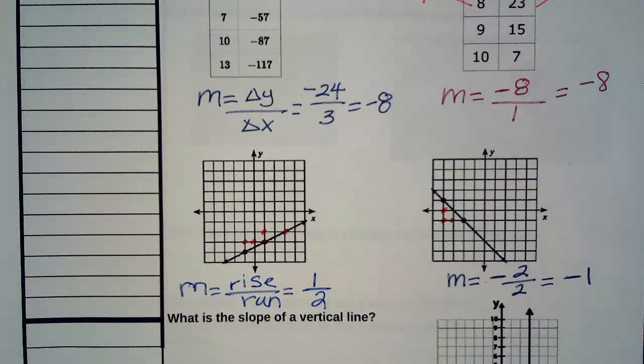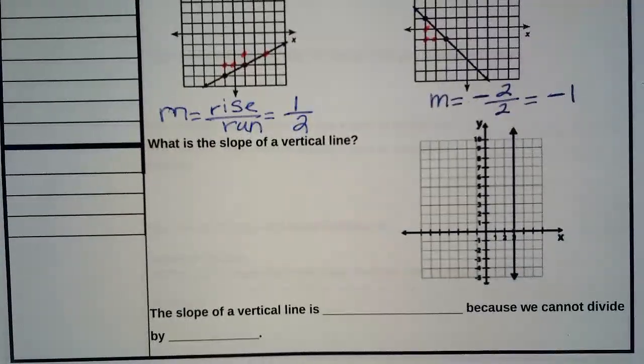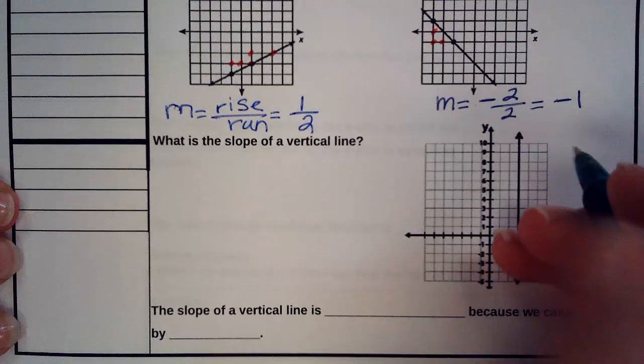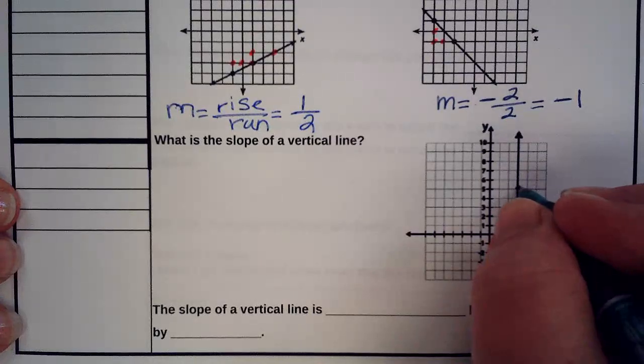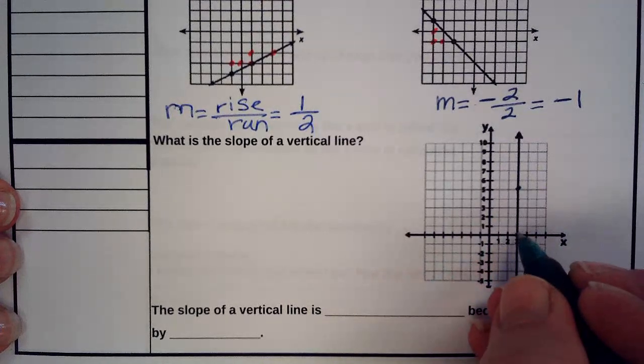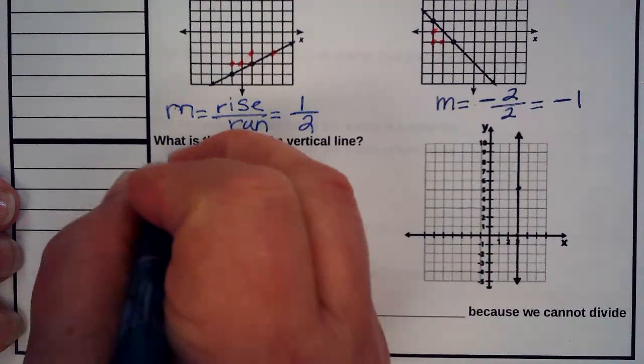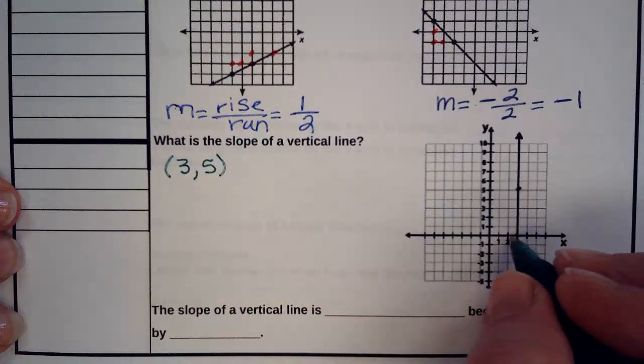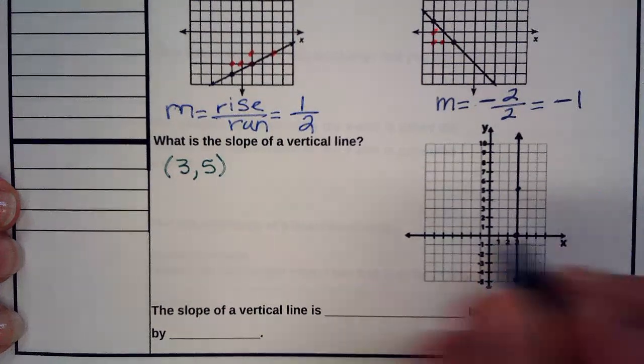Now when we're working with slopes, we also always have special lines that we need to know the slope for. One of these special lines is what we call a vertical line. So if we're looking at this, let's find 2 points and figure out what the slope of a vertical line will be. So this would be (3, 5), and this will be (3, 0).